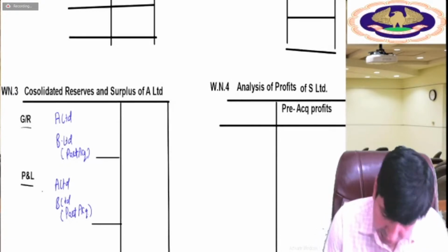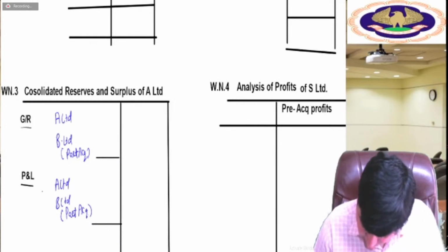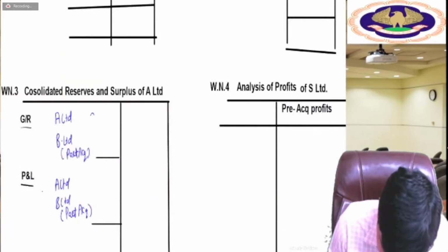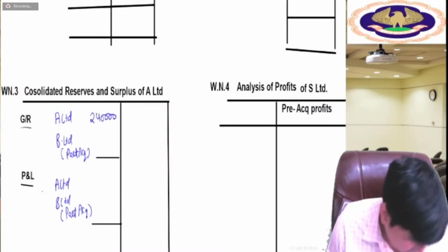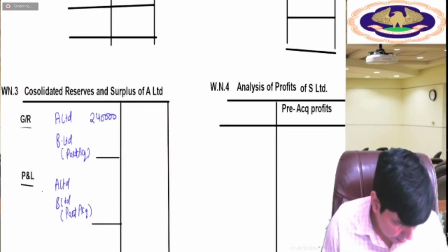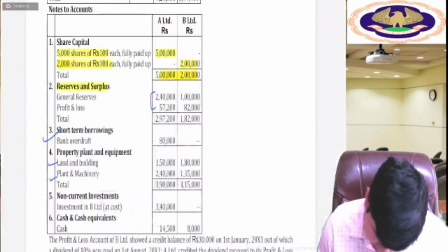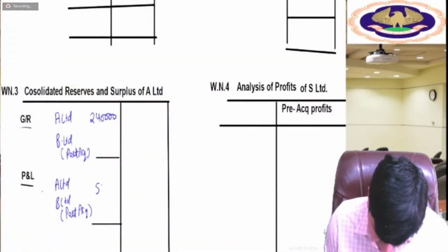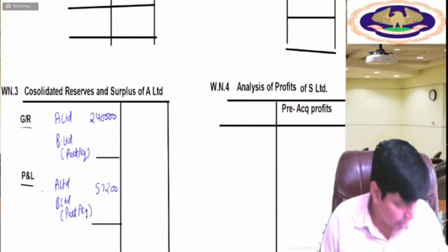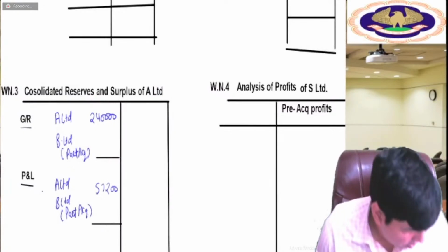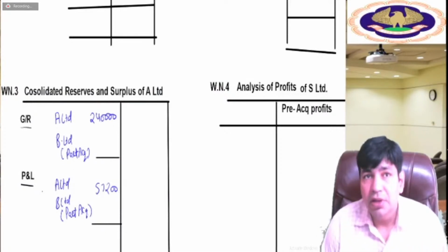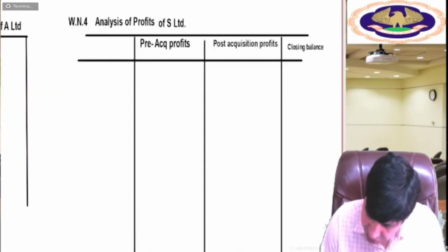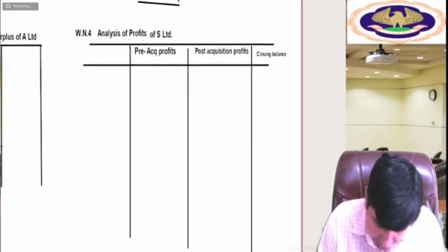First we should post the holding company part, that is 2,40,000 and 57,200. Now, what about the profit or loss or reserve and surplus of the subsidiary company, B Limited?